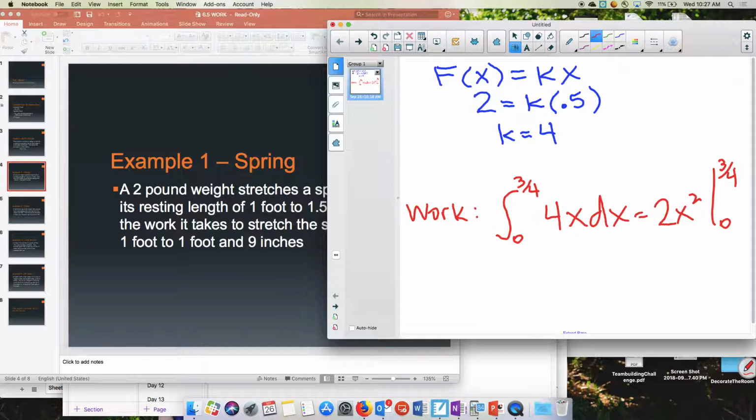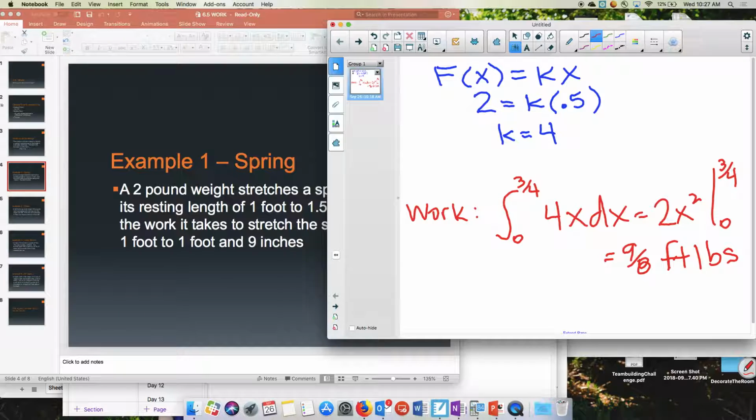All right, so we integrate 1/2 kx squared. Now we know where it comes from. We evaluate from 0 to 3/4, so we throw 3/4 in there and we get 9/8 foot times pounds.